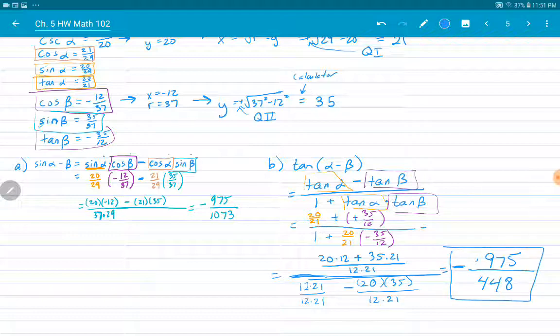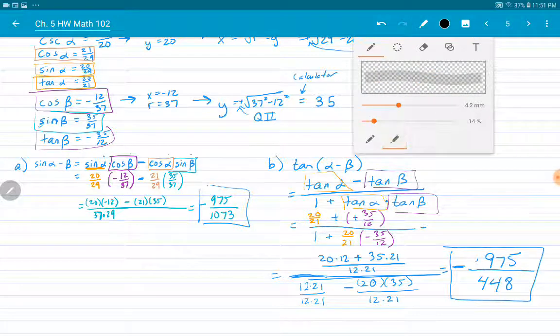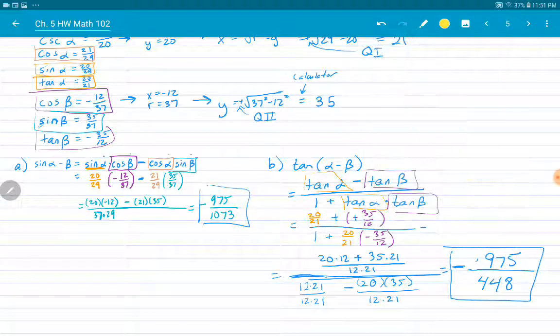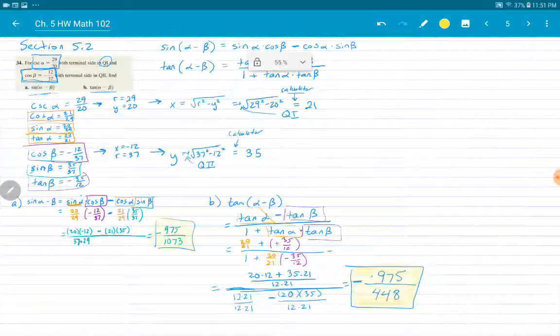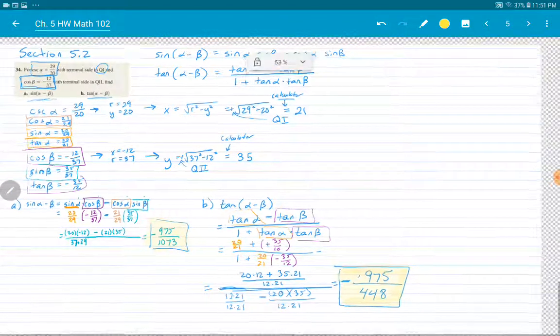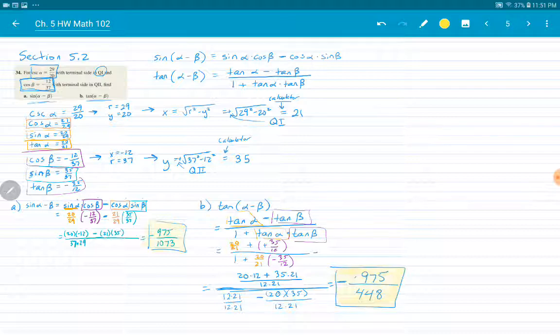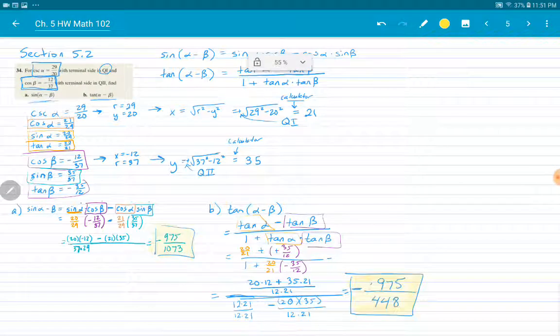That is my final answer for part B. So that 12 times 21 actually was a common denominator to both parts of that complex fraction, so that canceled out. All right, so that's a bit of a long problem, but I think that gets it all on the screen right there.